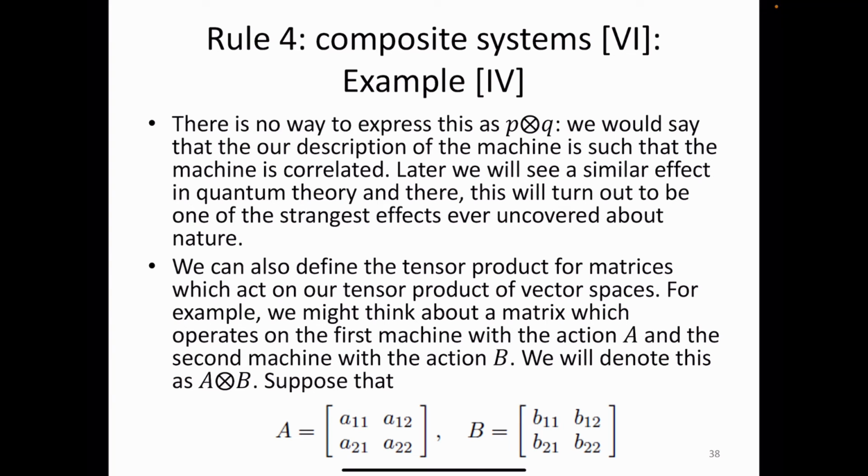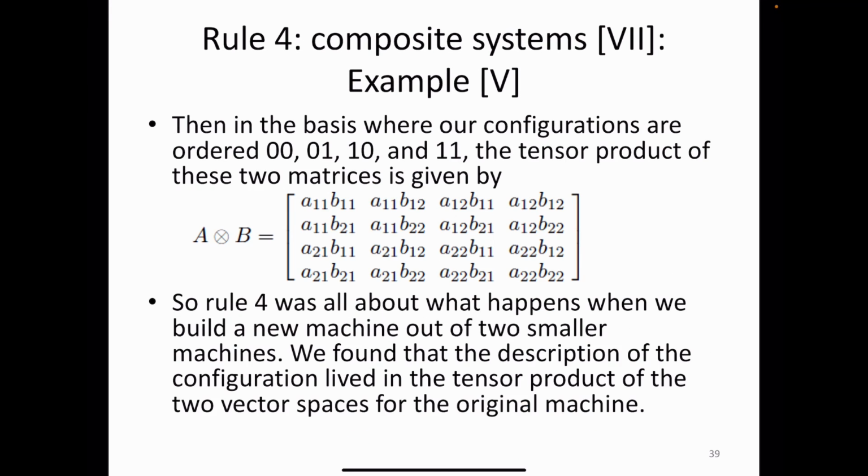And of course, we can define a tensor product for matrices as well. So if we have the two matrices A and B, with A given by A sub 1, 1 until A sub 2, 2, and the same for B given by B sub 1, 1 up to B sub 2, 2, then if we create a tensor product out of these, it's again every element by every element in a bigger matrix.